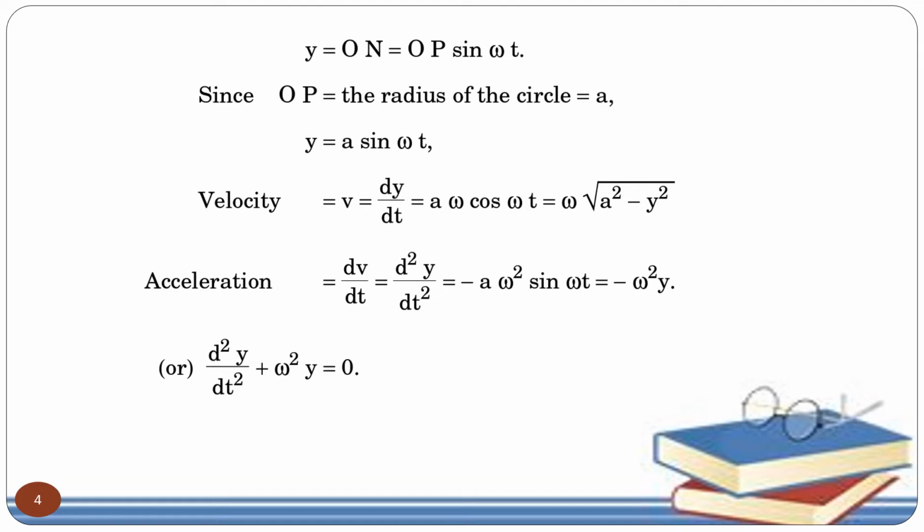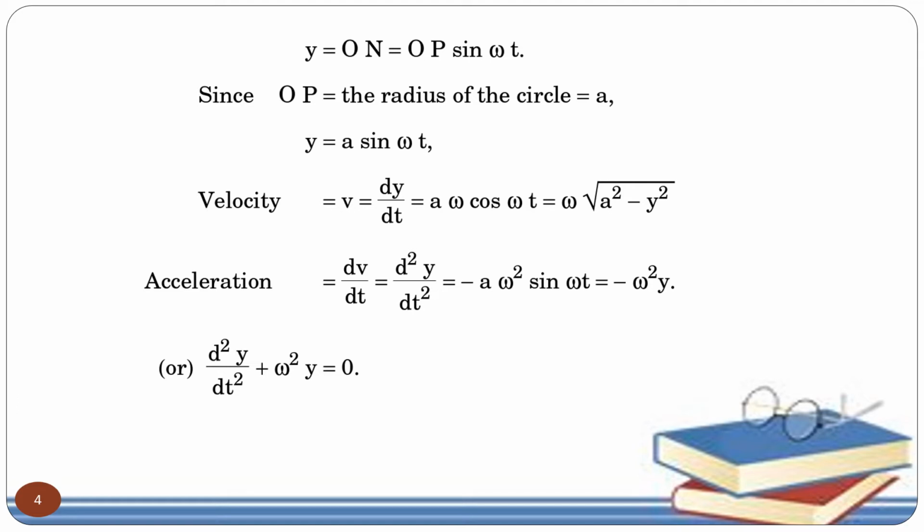Then we can find the acceleration. Acceleration is the rate of change of velocity, dv by dt, which is equal to d squared y by dt squared. We substitute the value of y, A sin omega t, and do the second order differentiation.